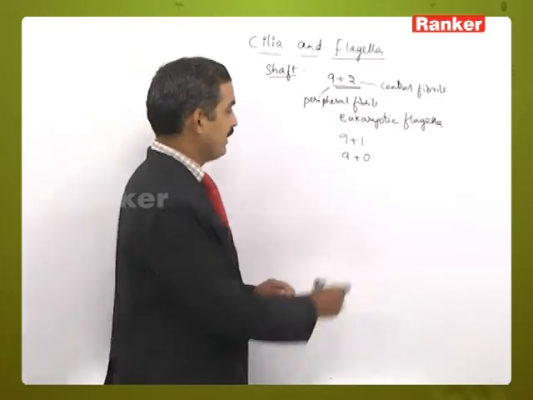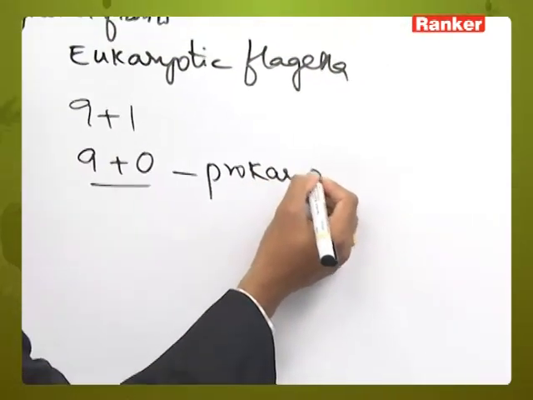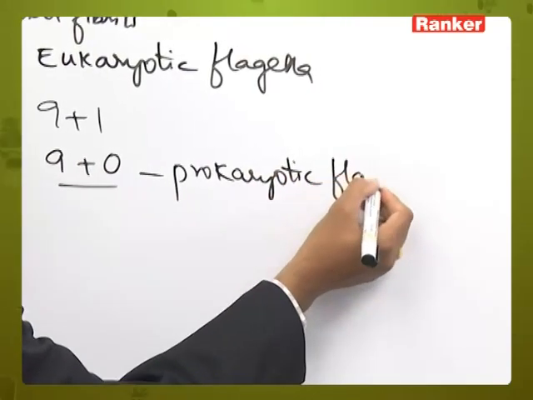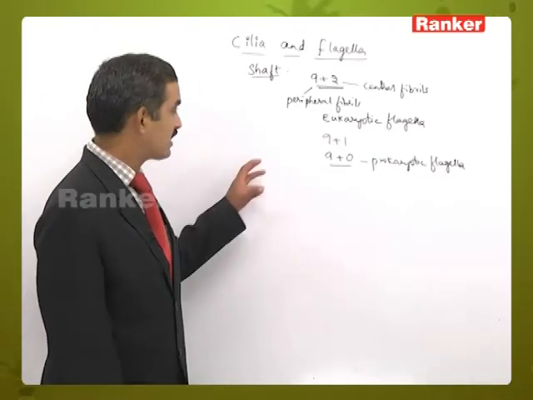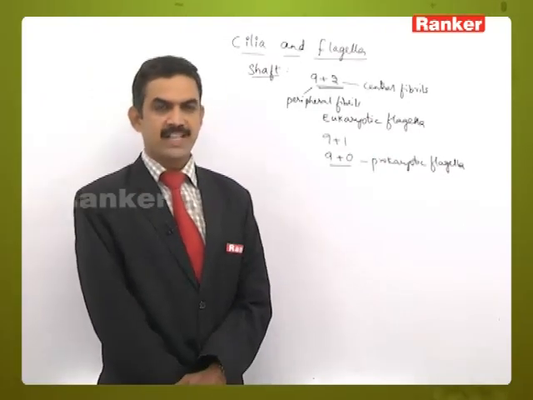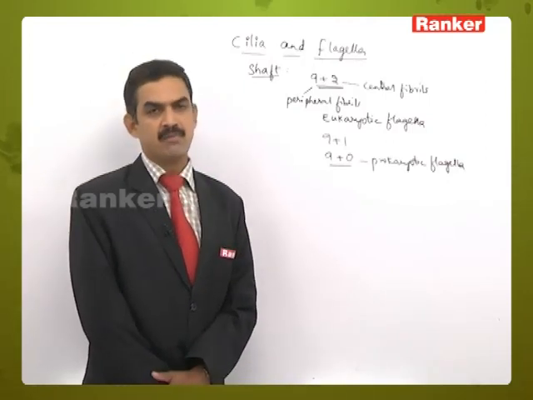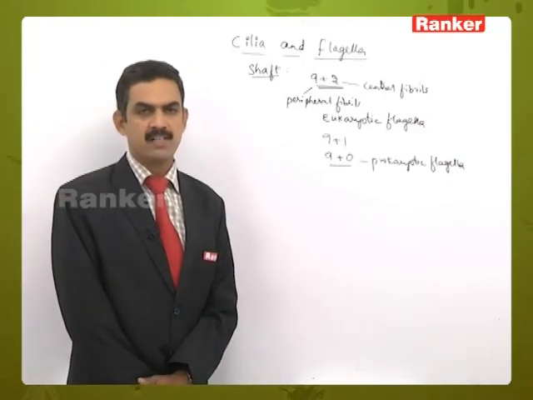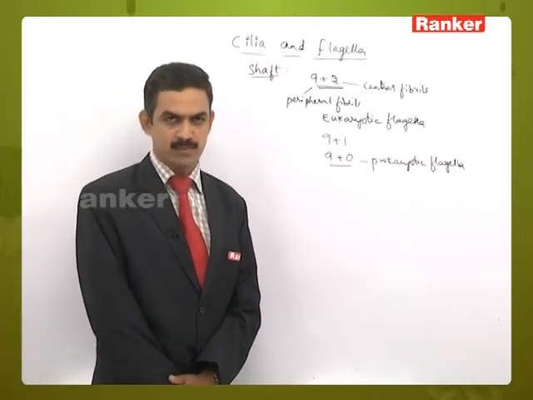This can mostly be seen in prokaryotic flagella. This type of variation can be seen in the arrangement or presence of the central and peripheral fibrils in the flagella of different organisms, particularly eukaryotic and prokaryotic organisms.